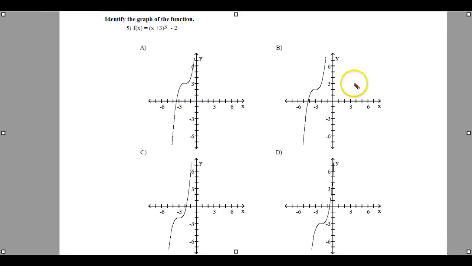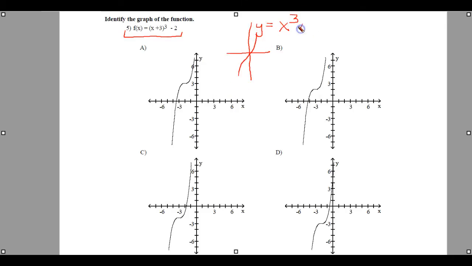In this example, you're asked to select the graph of this function. And again, going into your tool bag, you're wondering, well, what do we know here? Well, recall we had said that if this were just x to the third, and we had to graph it, it would look like so.